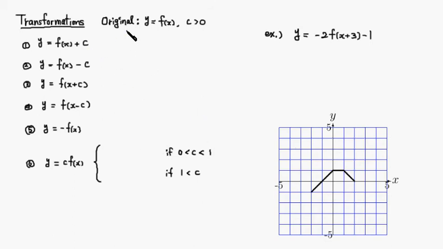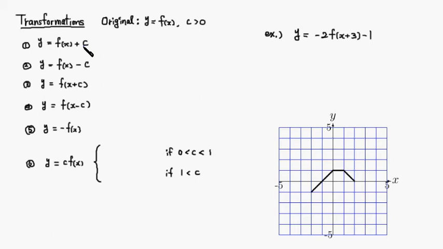The original function is y equals f of x, and c is just a positive constant. What would happen to the graph of f of x if you add a positive number right at the end?